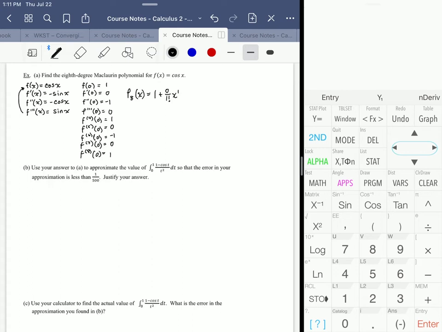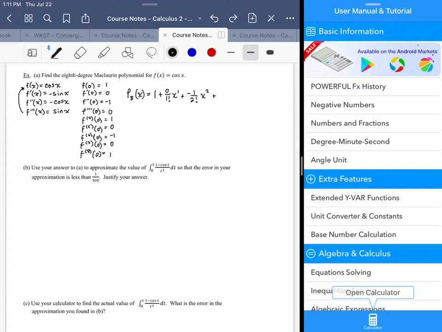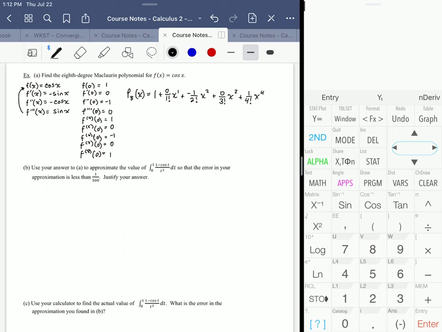Plus negative 1 over 2 factorial x squared plus 0 over 3 factorial x cubed plus, now we're up to the 4th, 1 over 4 factorial x to the 4th, and so on for the moment.